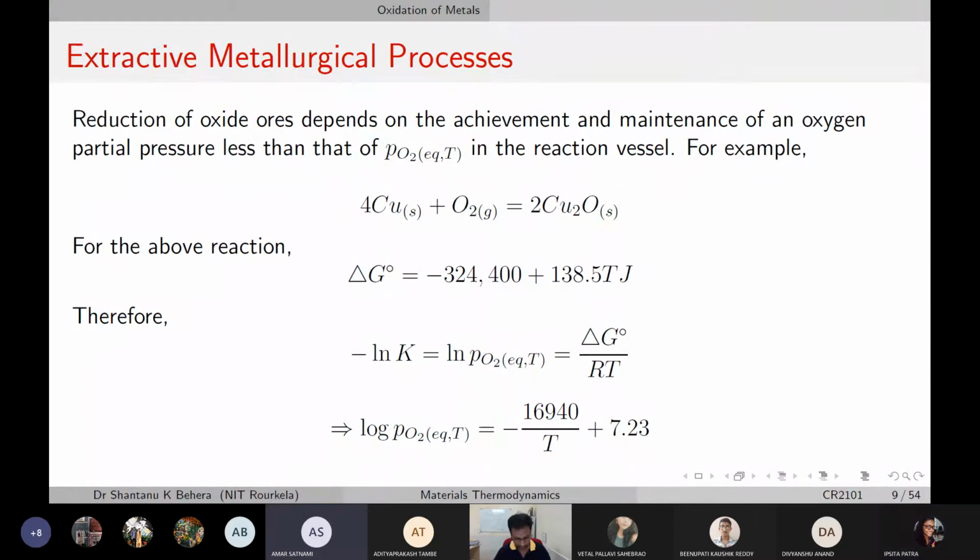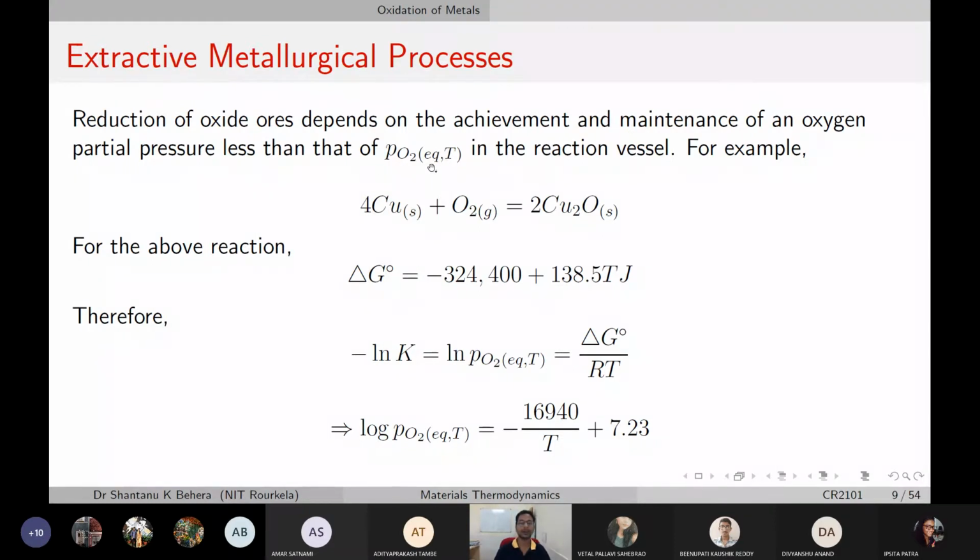So continuing our discussions on oxidation. We figured out that extractive metallurgical processes, for example, formation of metals from the oxide or sulfide ores, would require that you keep your oxygen partial pressure in terms of oxide reduction less than the PO2 equilibrium.